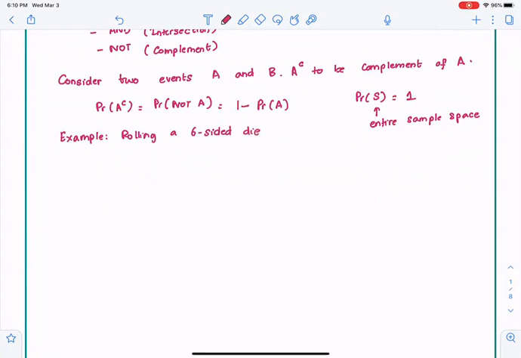Rolling a 6-sided die, we know the sample space is 1, 2, 3, 4, 5, 6.